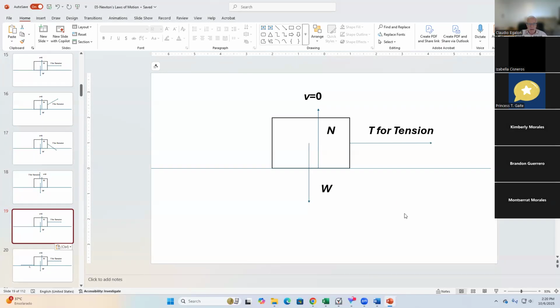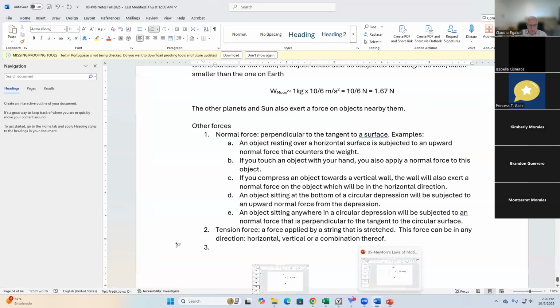Let's write it down. Example: consider an object sitting over a horizontal surface.